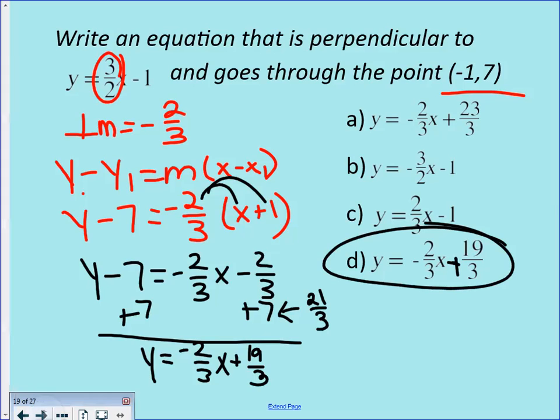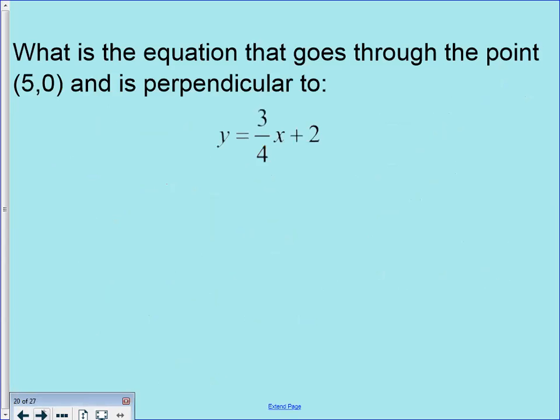All right, let's continue. Write an equation that goes through the point and is perpendicular to this equation. Pause the video and see if you can do this on your own. Okay, so I'm writing my equation, it needs to go through that point and be perpendicular to this equation. So my slope is what I need to get first.